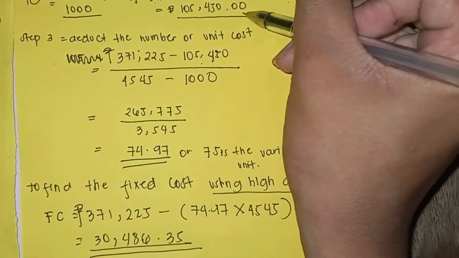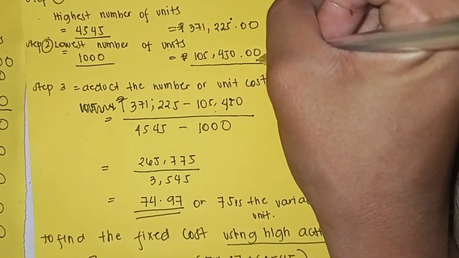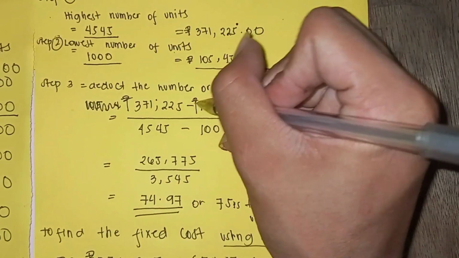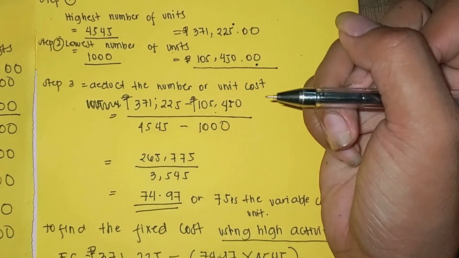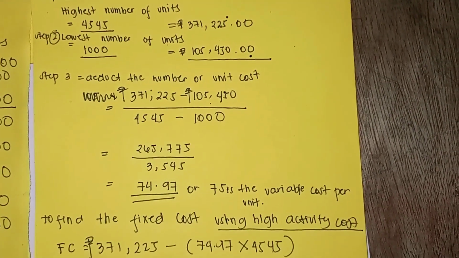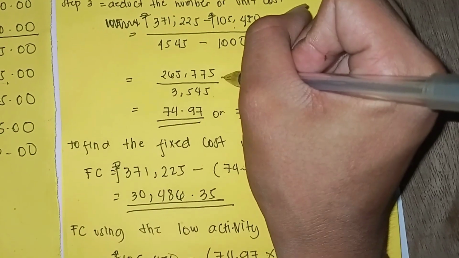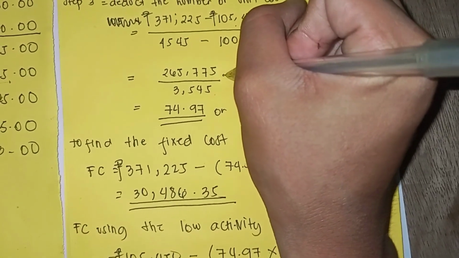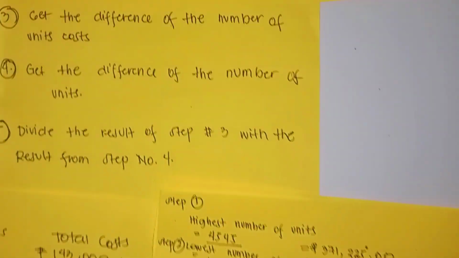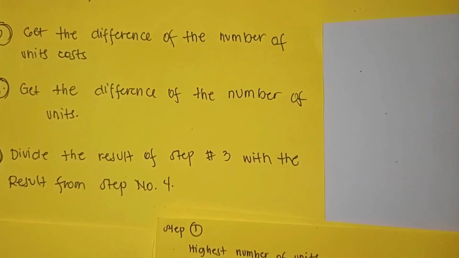And the lowest total cost is 105,450 pesos. So 371,225 pesos minus 105,450 pesos is equal to 265,775 pesos.